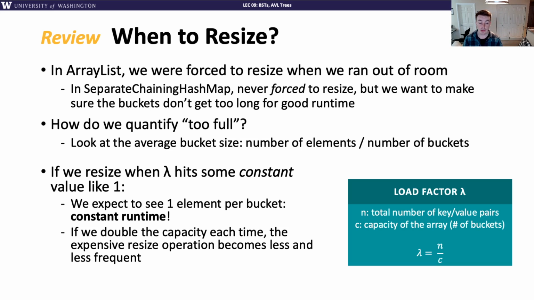And if that ratio starts getting too large, then you're going to expect that some of those chains might be getting a little long, and now your runtime might slow down. So usually we pick some threshold. Once lambda reaches some constant value, say 1, then you resize your table. And generally when you resize, you double the size of the array. When we do this doubling trick, it's actually really infrequent that we have to resize many, many times.